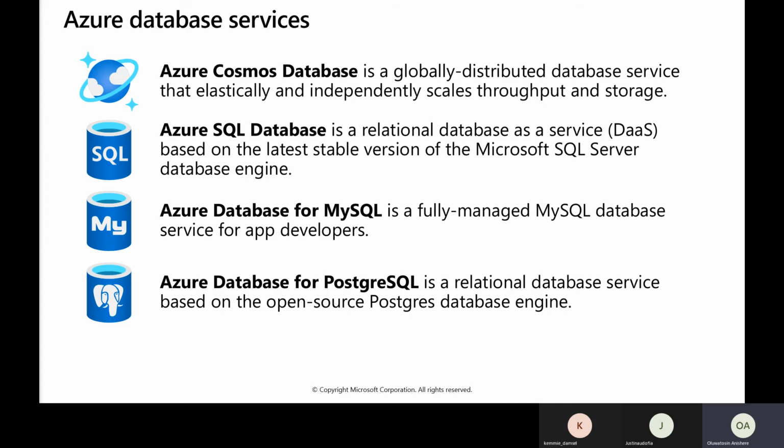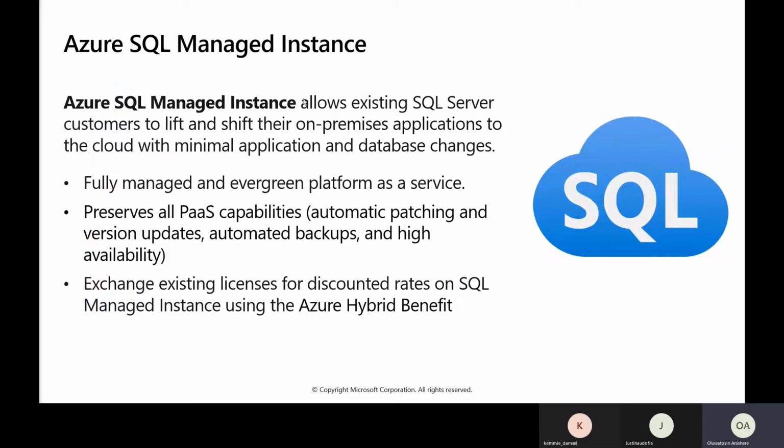So these are all the 4 database services that we have. Also, we have something called Azure SQL Managed Instance. Now, what this managed instance does is it allows existing SQL Server customers to lift and shift their on-premises applications to the cloud with minimal application and database changes. So what does that mean?